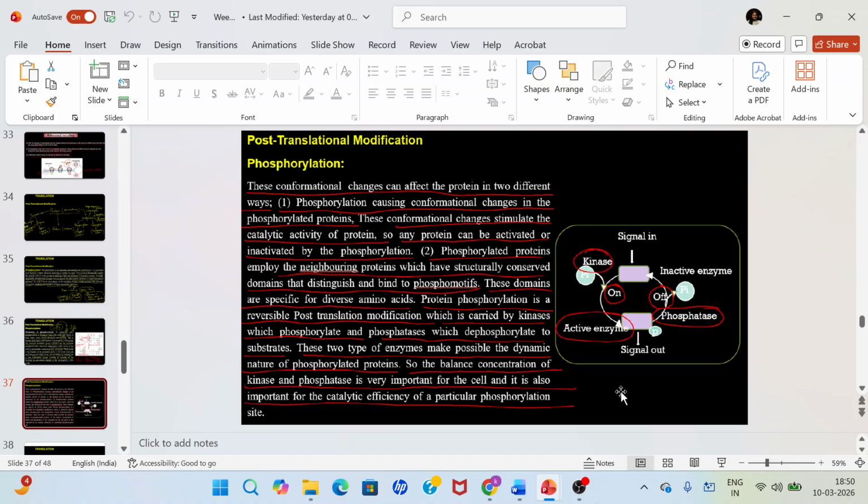So these two types of enzymes make possible the dynamic nature of the phosphorylated protein. The balanced concentration of kinase and phosphatase is very important for the cell, and it is also important for the catalytic efficiency of a particular phosphorylation site. So, phosphorylation is a very important post-translational modification.